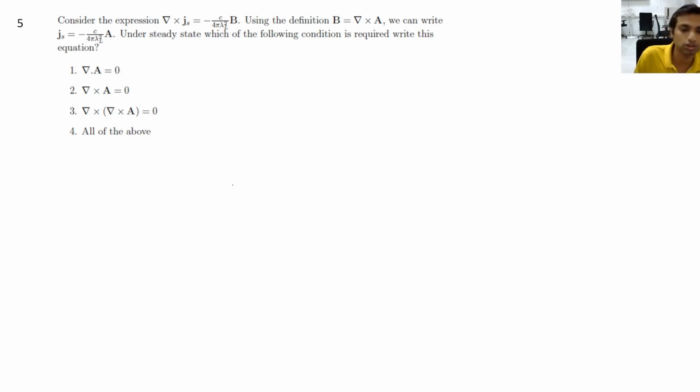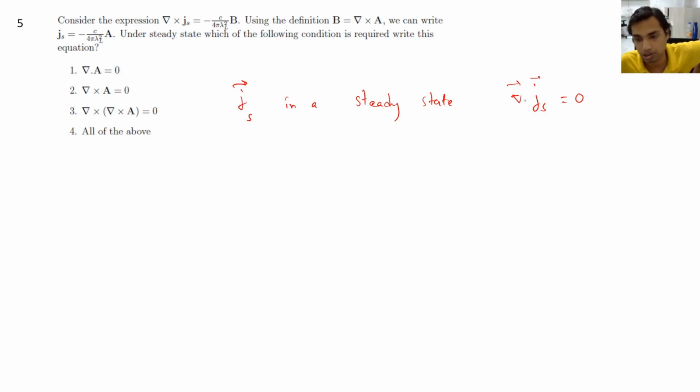The current density Js in a steady state is given by divergence of Js equal to 0. This means that neither are any superconducting electrons being generated nor annihilated. They are simply flowing. So this is the condition for the steady state.